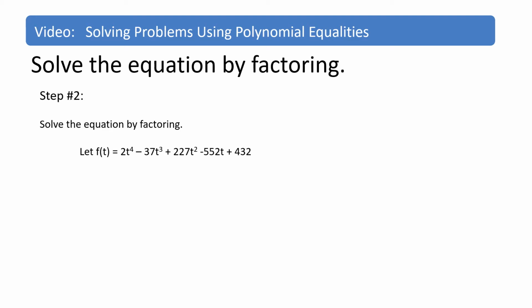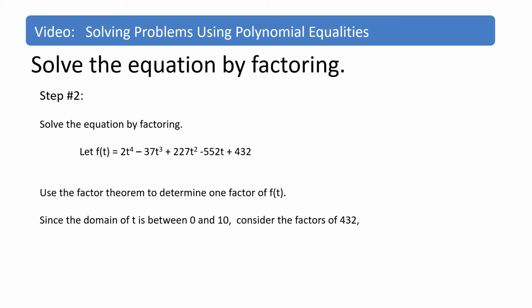Now we need to solve for t by factoring. We will use the factor theorem to determine the first factor of f(t). Since the domain of t is between 0 and 10, because we are measuring the first 10 seconds, consider the factors of 432.